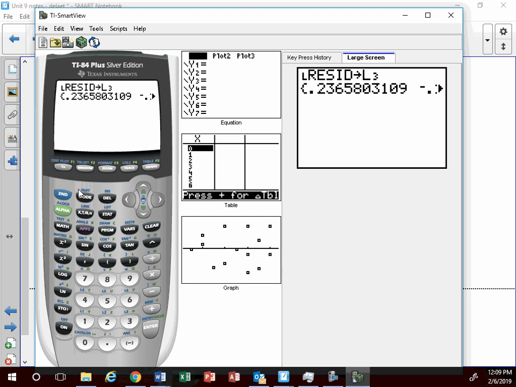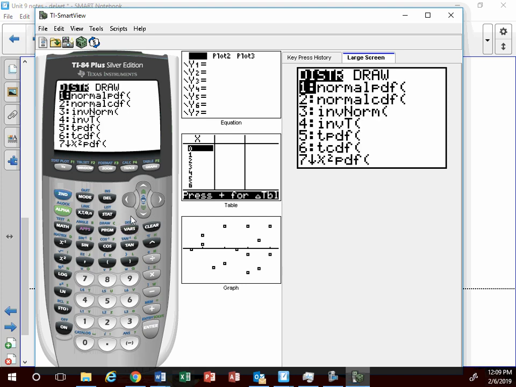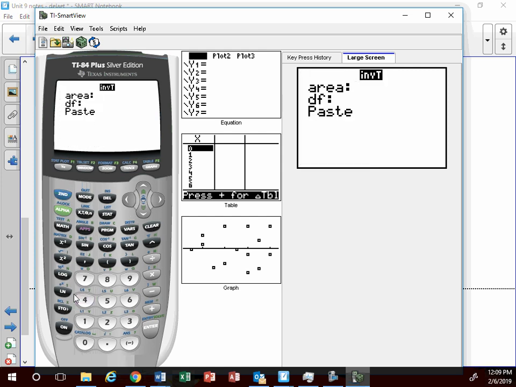That's your second bars, right? Second bars. Okay, inverse t number 4. All right, now we've got to think about what we're actually putting in here. Yes, 100 minus 95 divided by 2, okay? Because it's split evenly between the two sides, so 0.025 is the area I'm actually looking for.